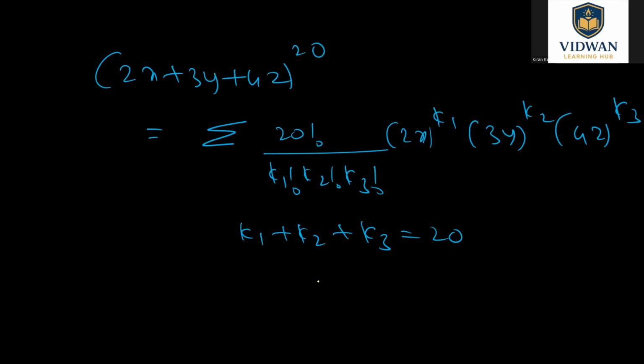So this is how you can write down the general term, and sigma of general term is the full expansion. If they ask for the general term, don't put sigma. But if they ask you for the full expansion, put sigma of general term. All the terms can be written by putting different k1, k2, k3 values. Of course, if there are 231 terms, they won't ask you to list them out. But in particular, if you want a term, you can find it using this.